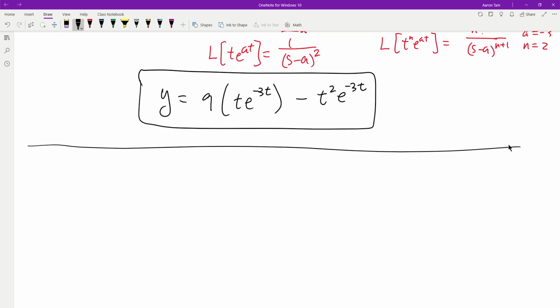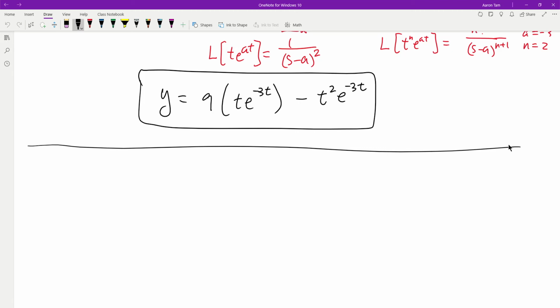So remember, the general idea of using Laplace transform to solve a differential equation with initial condition is to first start by doing the Laplace transform of the entire equation and then do a partial fraction on the Laplace transform of the unknown function y.